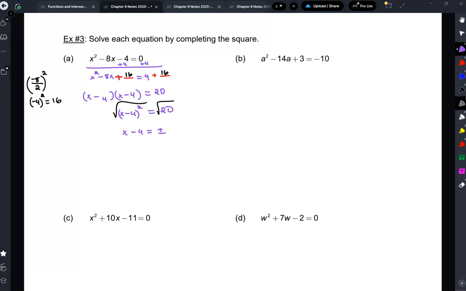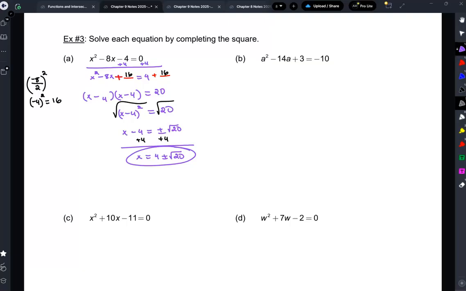Does root 20 simplify? No. So I'm just going to leave it as root 20 because it's not a perfect square. And because the square root didn't go away, all I do now is add 4. So x is 4 plus or minus root 20.